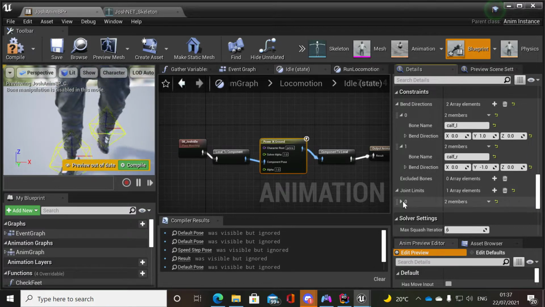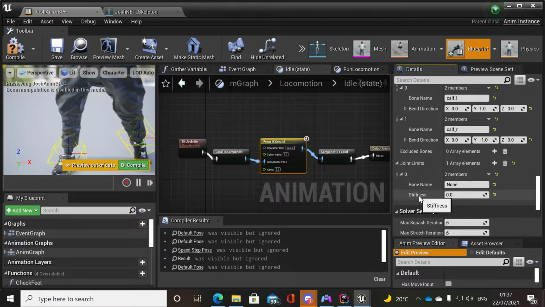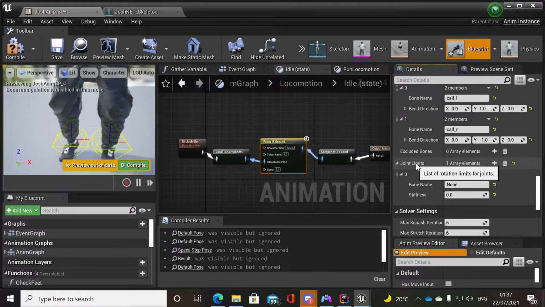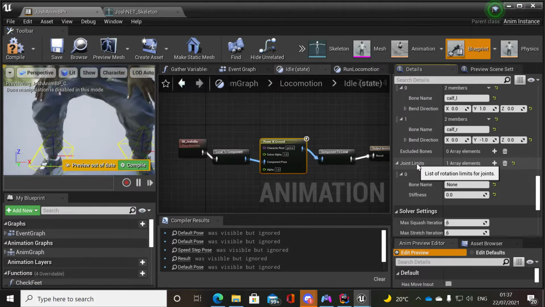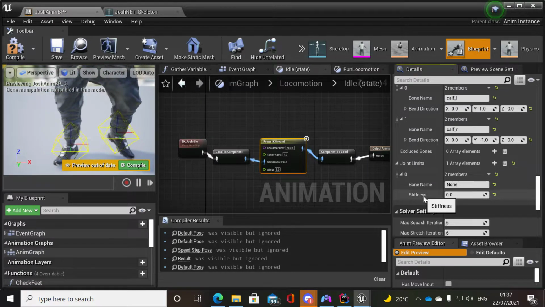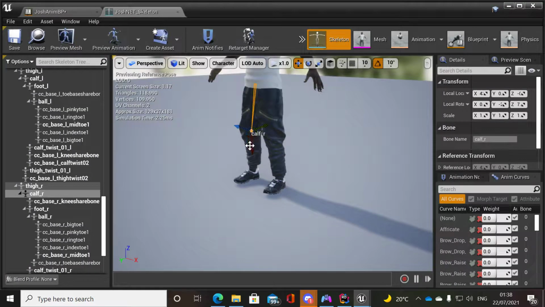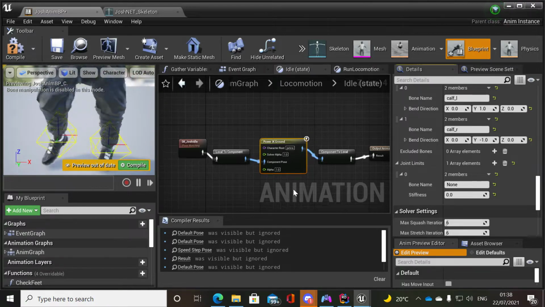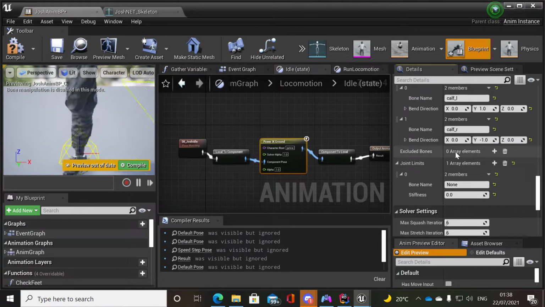Joint limits. Rotation limits for certain joints. So this determines how stiff the joint is. If we're going to have this consistent ground IK, we would have to probably set up bones to exclude.